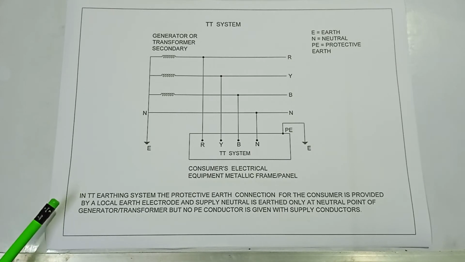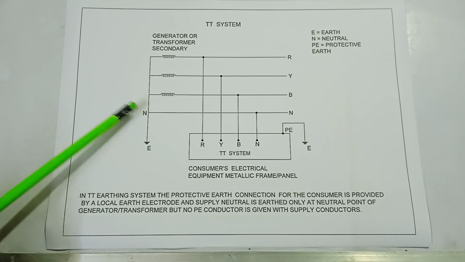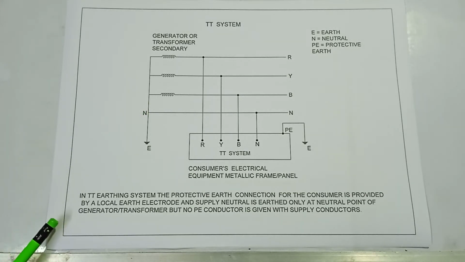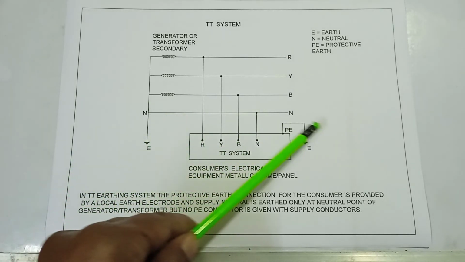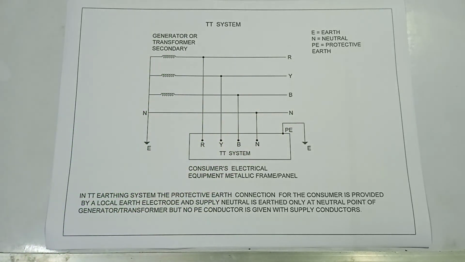And supply neutral is earthed only at the neutral point of the generator or transformer. Here is the neutral point. But no PE conductor is given with the supply conductors. That is, no protective earth conductor is given in the supply conductor. This is the TT system.